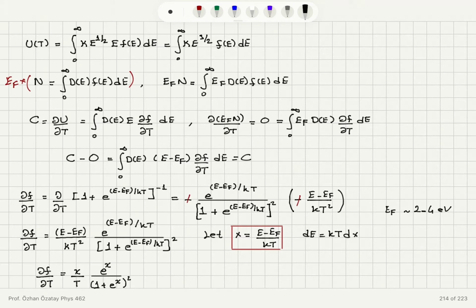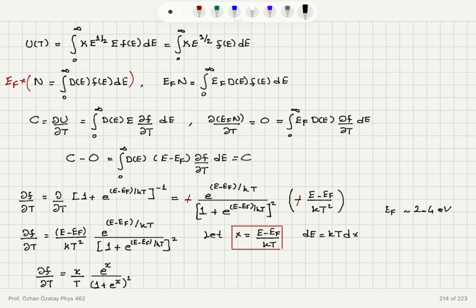Obviously I need to know the derivative of the Fermi-Dirac distribution function with respect to temperature. That is d/dT of (1 plus e to the (E minus E Fermi) over kT) to the power minus 1. Once again, this is actually E minus mu, but I neglect the temperature dependence of the chemical potential and set it equal to the Fermi energy at 0 Kelvin.